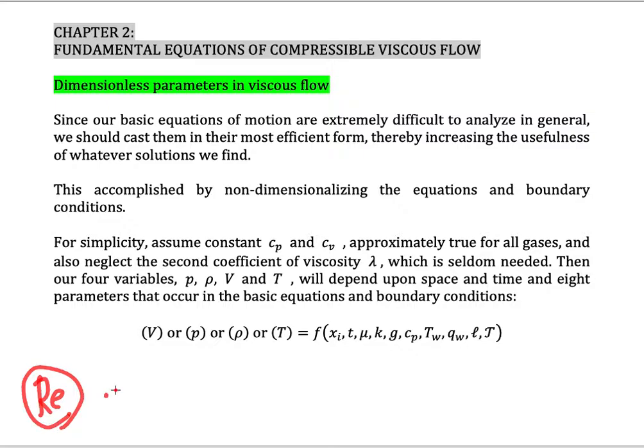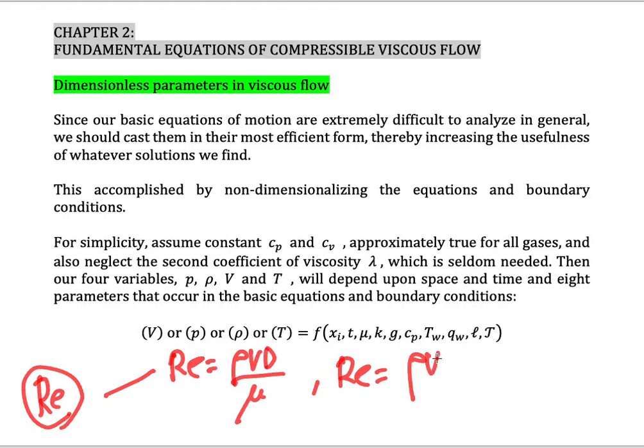So for example, normally we use the Reynolds number equal to rho Vd over mu, but sometimes we need to use the Reynolds number equal to rho Vl over mu, and sometimes the Reynolds number of rho V Rh over mu.